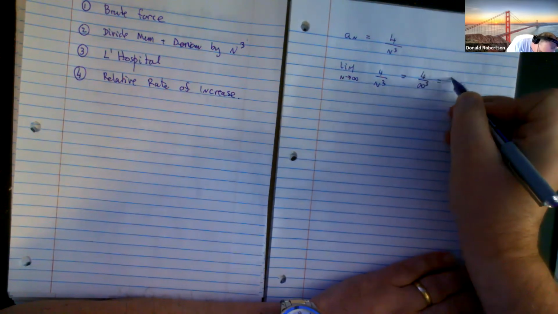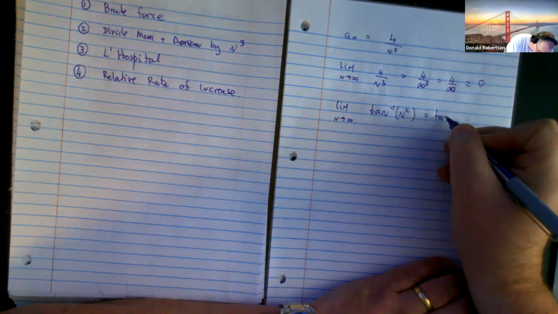The method called brute force basically says, make n infinite and see what you get. Well, let's see what happens. Don't you get 4 over infinity cubed? But isn't infinity times itself still infinite? And what does 4 divided by an infinitely large number get you as a limit? 0. That's an example of brute force.